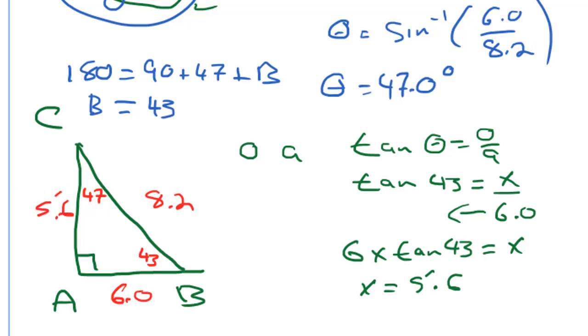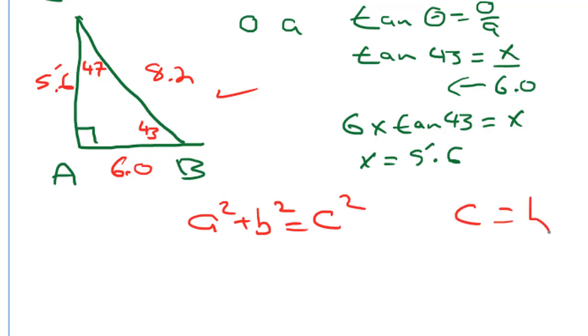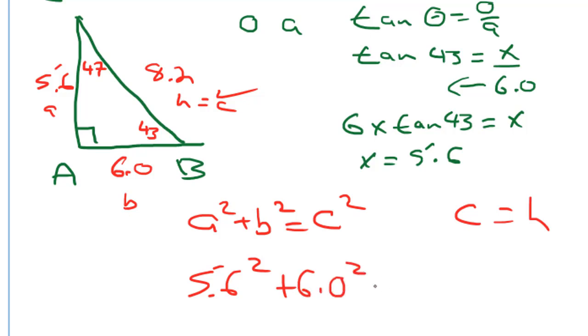Just for fun, if you like, let's use the Pythagorean theorem and see whether or not our side lengths are correct. The Pythagorean theorem says that a squared plus b squared is going to equal c squared, and remember that c is always the hypotenuse. So the hypotenuse is over here. For a and b, it doesn't really matter, but this has to be c. We're going to end up getting 5.6 squared plus 6.0 squared should equal 8.2 squared.